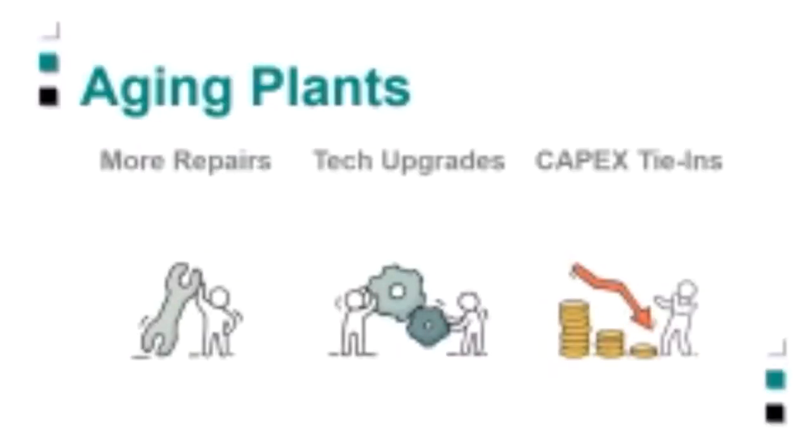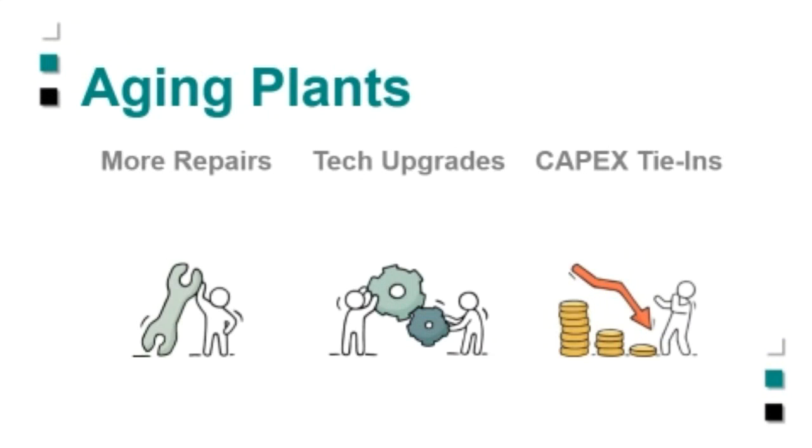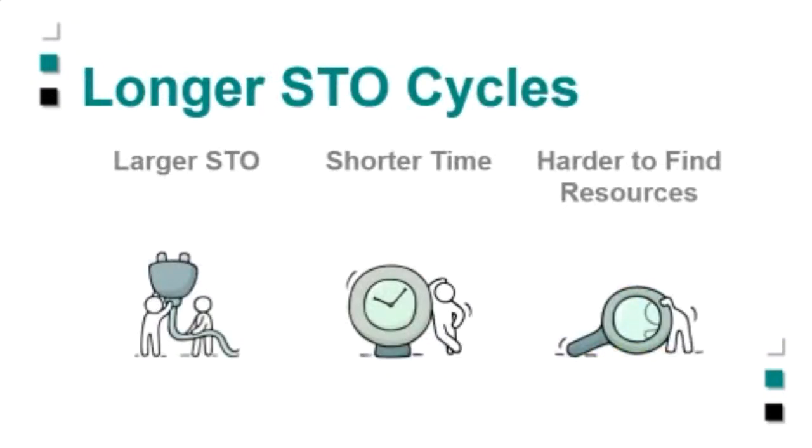So we end up seeing a lot more capital projects that are tying in during those turnaround windows. We're also seeing longer periods of time between turnaround events, with maintenance cycles being extended out and pushed out even further. So this really means that we're seeing larger turnarounds with more work to complete in a shorter outage window.